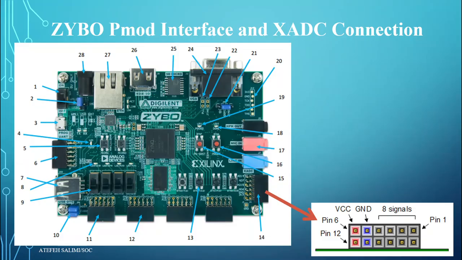It is related to XADC communication, but all the PMOD ports have 2 dedicated pins for VCC and 2 others for the ground, and the 8 other signals could be configured to be analog or digital I/O.